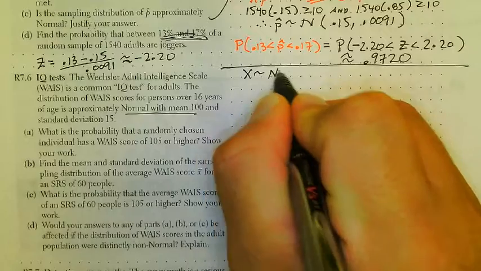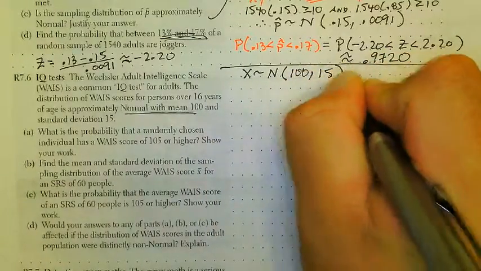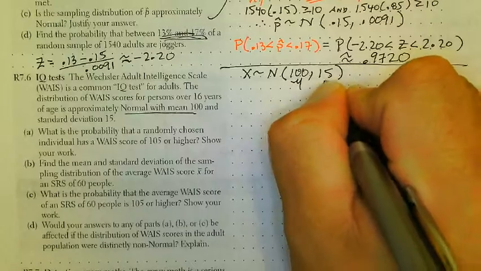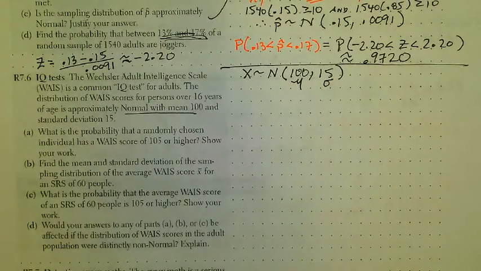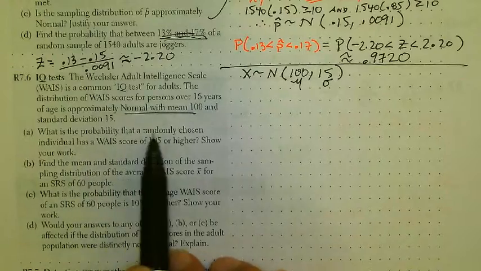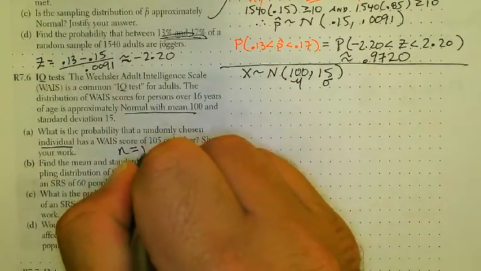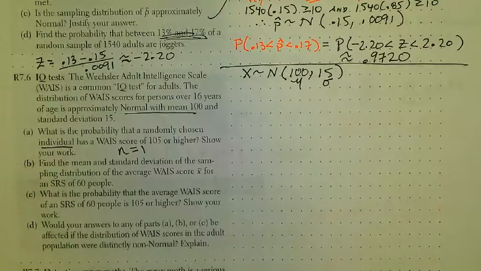So I have a variable, it's approximately normal, right? Mean is 100, standard deviation is 15, right? Here's mu, here's sigma. Always, always, always label it. Make it clear. What is the probability of a randomly chosen individual? Well, if I have an individual, I can think of it as n equals 1, right?